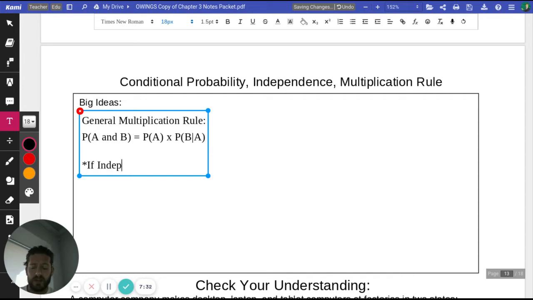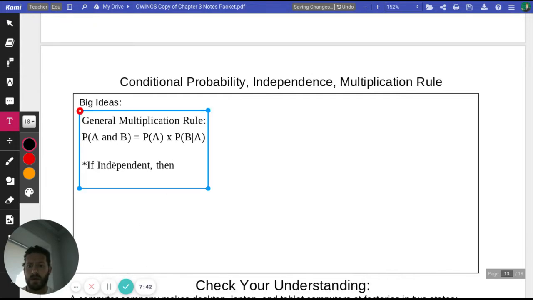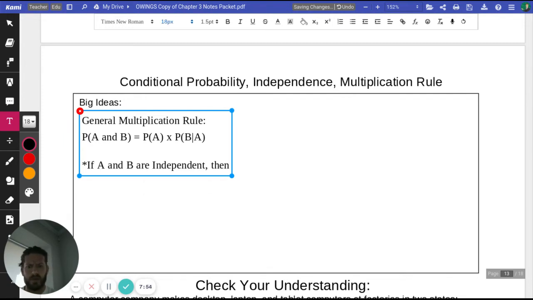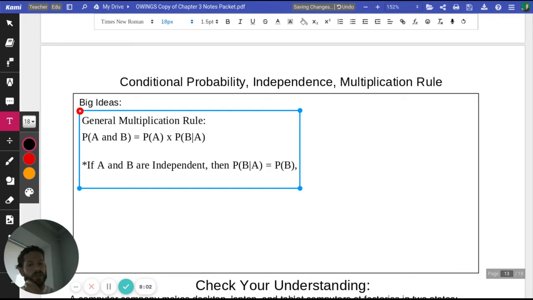If the events are independent, then it's a little simpler. So if A and B are independent, it's a little simpler because the probability of B given A is just equal to the probability of B, because A does not affect whether B occurs or not.